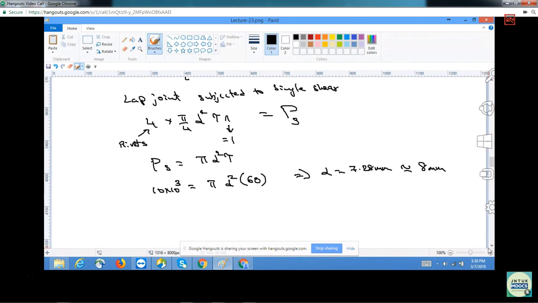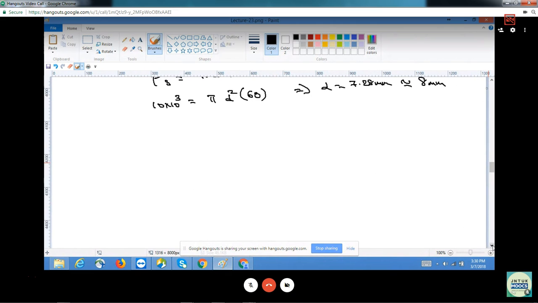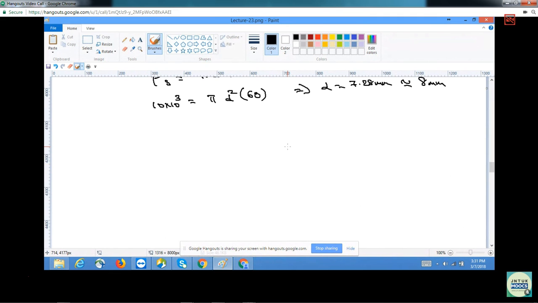Now similarly, based on the crushing or other criteria, we can show that for crushing, d times t is the projected area of the 4 rivets.